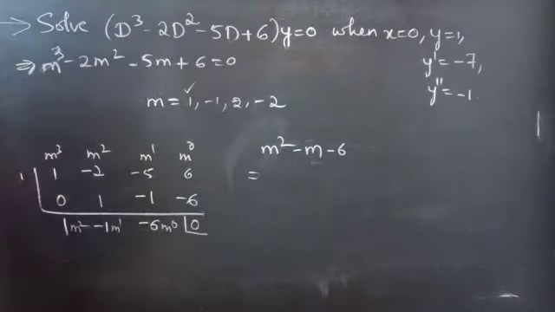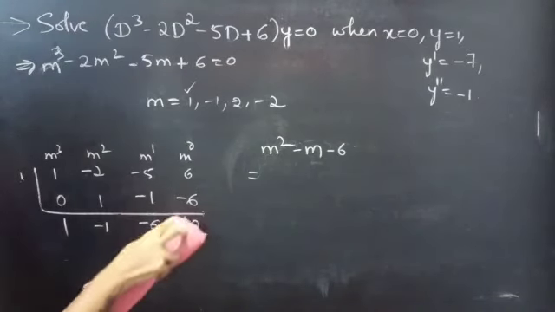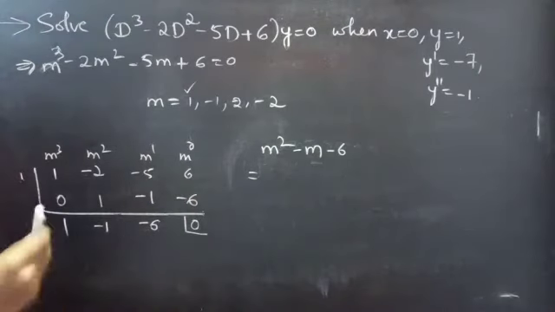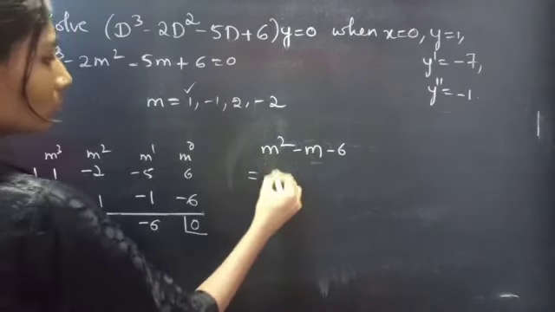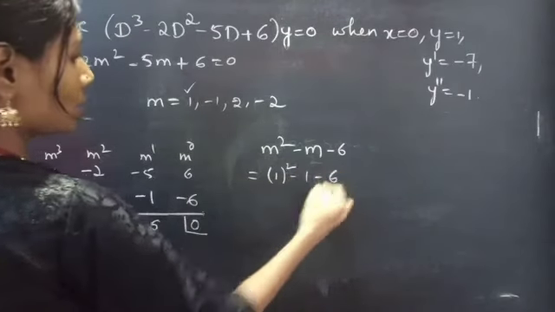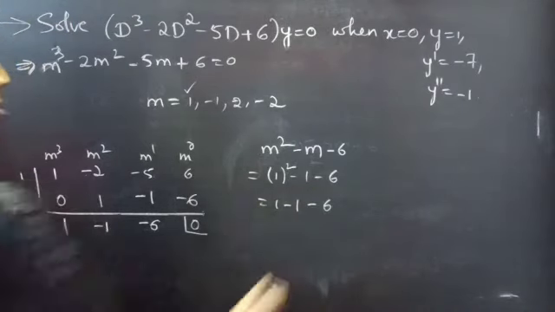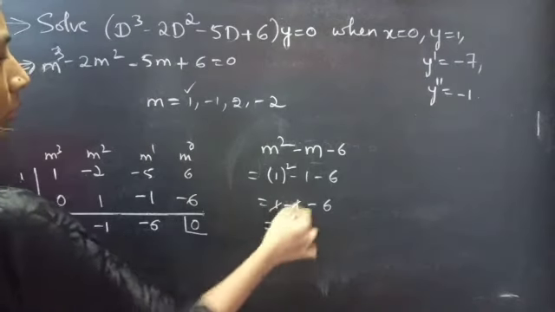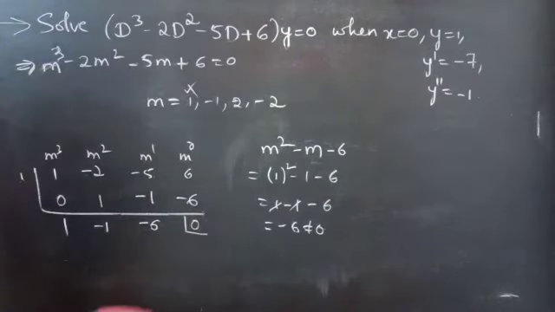Now we'll see for which m this polynomial gets satisfied. Let's try for 1. 1 square minus 1 minus 6 equals minus 6, which is not equal to 0. So m equals 1 does not satisfy this polynomial.